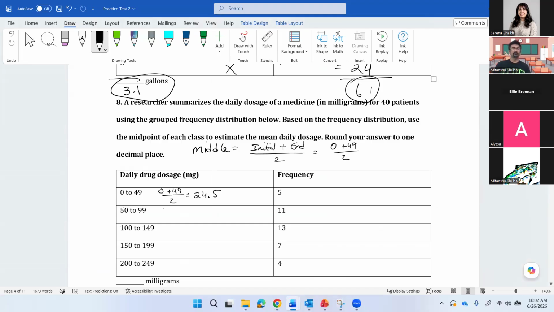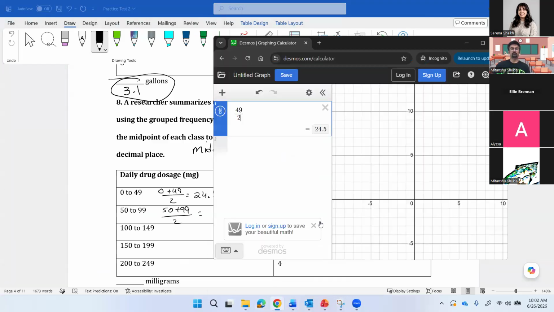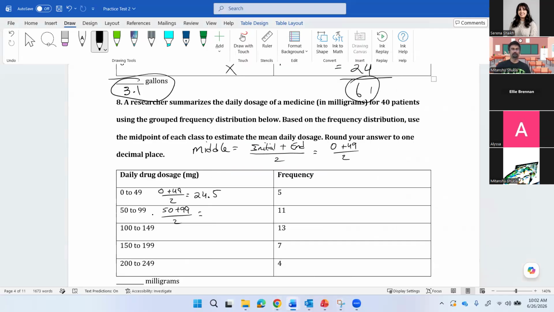Okay, then I would do 50 plus 99 divided by 2. When I do that, I get 74.5.